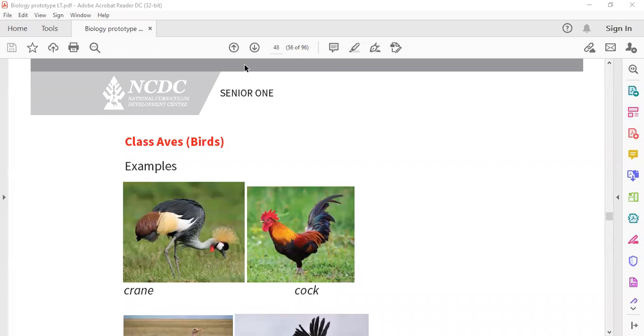The duck is okay. Pigeons. Did you say pigeons? Yes. All right, that is correct. The pigeons. Another example of organisms that you think would belong to this class? Teacher, peacock. The peacock. Okay, that is correct.